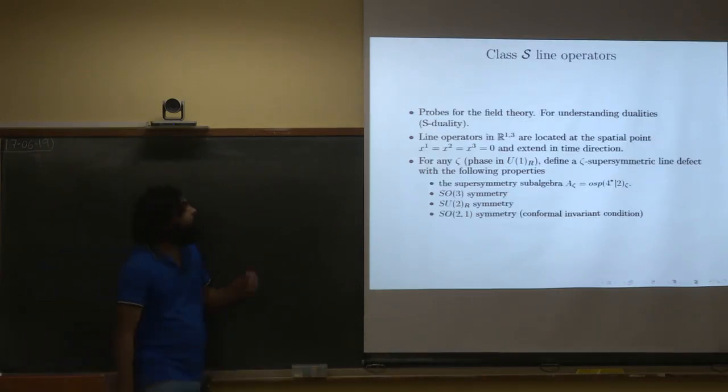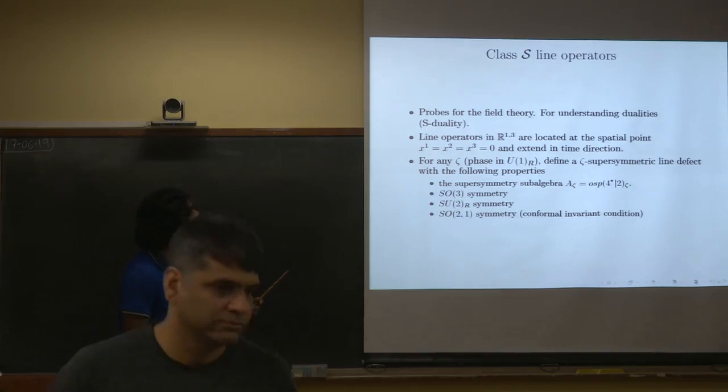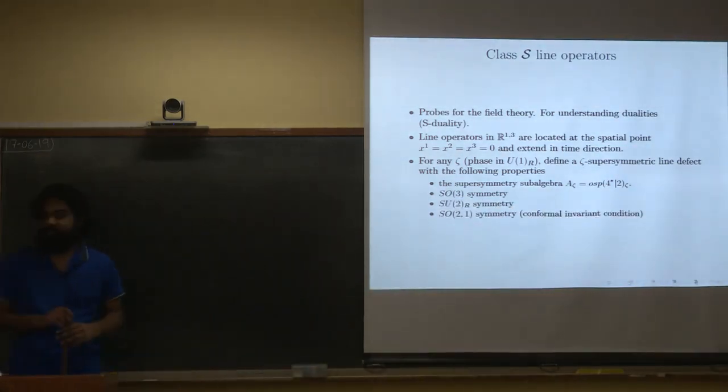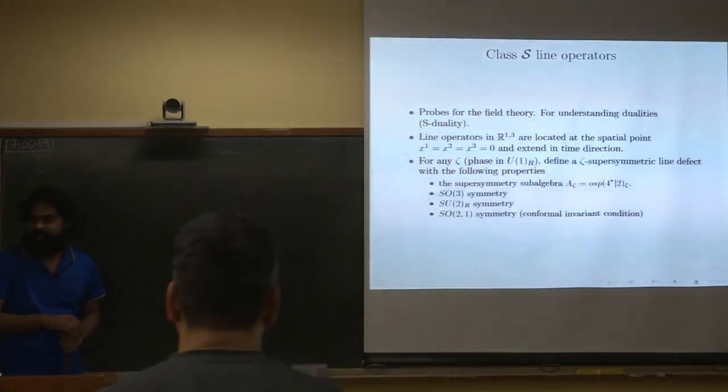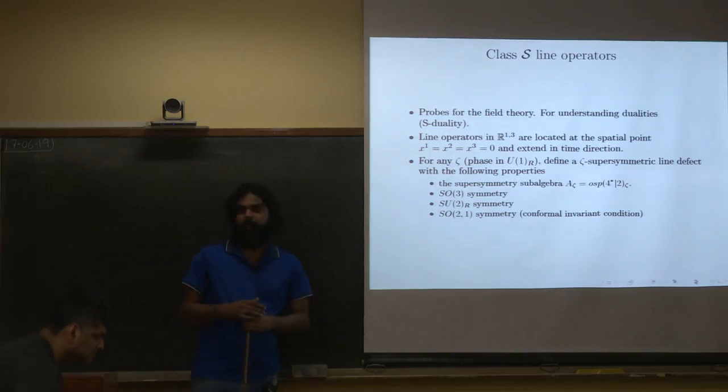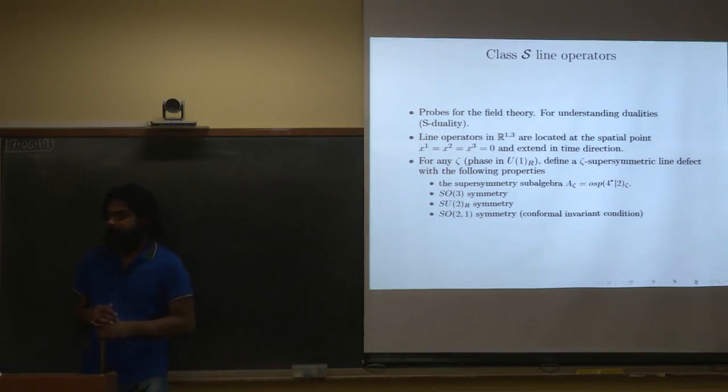Okay, good. So now we define line operators or loop operators or line defects, whatever name you want to call them, for class S theory. First of all, the question is why do we even care to study something like this line operator? The answer is that in order to verify several conjectures and dualities occurring in these kinds of theory, we can use line operators as probes.